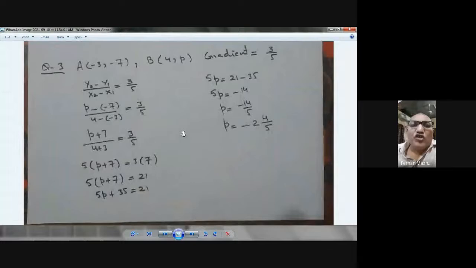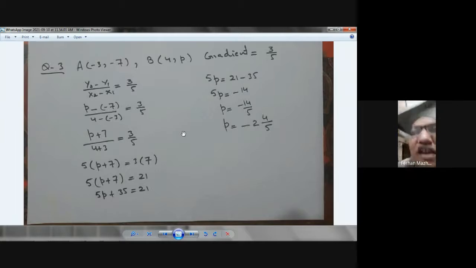So the solution of the question number 3 is showing up on your screen. The point A is minus 3 comma minus 7. The point B is 4 comma P. P value is not known. The gradient of this line AB is 3 by 5. So we will apply the formula of the gradient and we will make it equal to 3 by 5. So y2 minus y1 divided by x2 minus x1 equals 3 by 5.